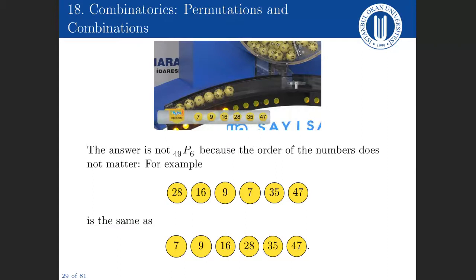Why? Because the order of numbers does not matter. When we're playing the lottery, we don't care which numbers come out of the machine. 28, 16, 9, 7, 35, 47 is, of course, the same as 7, 9, 16, 28, 35, 47. So we're not using permutations when we study the lottery.